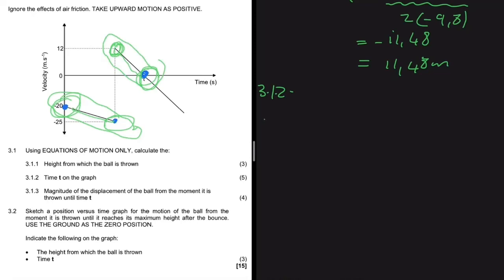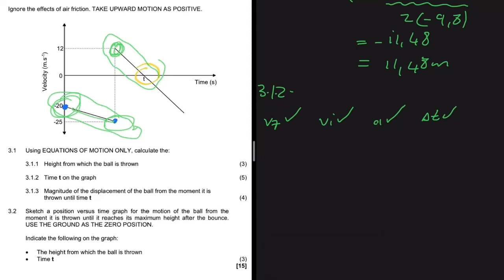For that part of the motion, we have VF and VI and a, but now we don't need delta y, we already have it. We're looking for delta t, because that time in our graph is the time from the instant the object is thrown downwards.